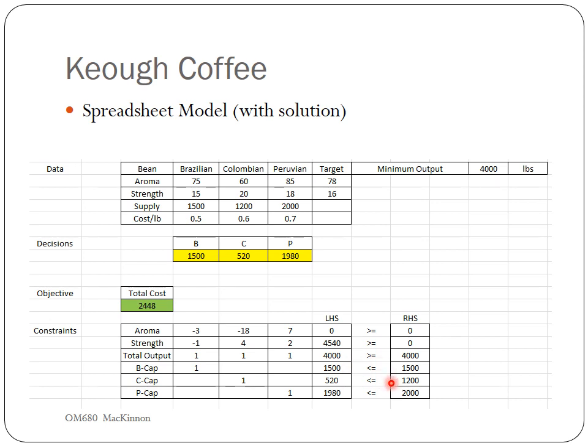For Colombian, it's less than or equal to 1,200, and for Peruvian, it's less than or equal to 2,000. And as you can see, Brazilian is a hard constraint. Our total output is a hard constraint, and our aroma is a hard constraint. Okay, so if we wanted to reduce our cost even more, we would have to relax some of those hard constraints a little bit.